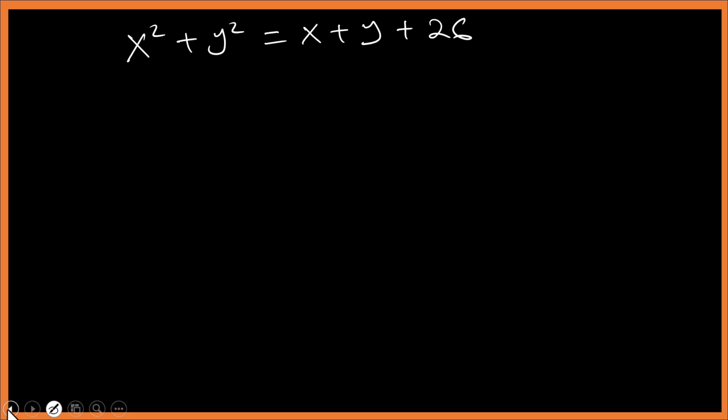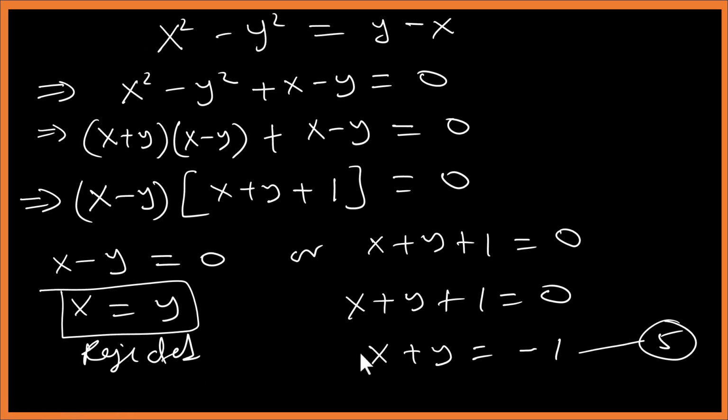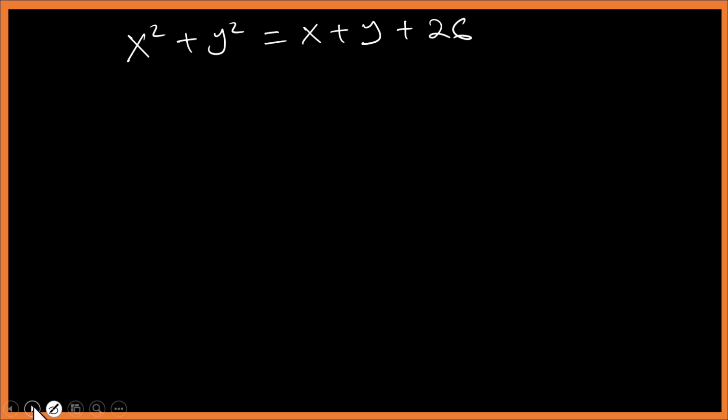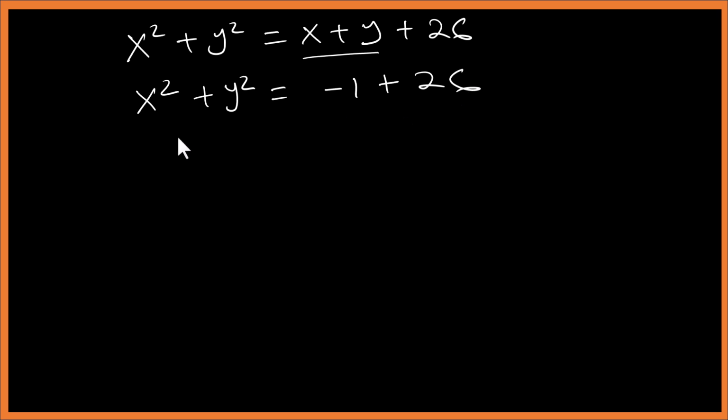Now let's check what x plus y is here. x plus y is -1. So we can plug in: x squared plus y squared equals -1 plus 26. Therefore, x squared plus y squared is the same as 25.